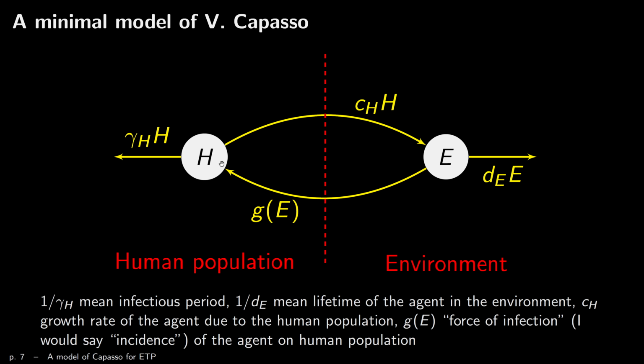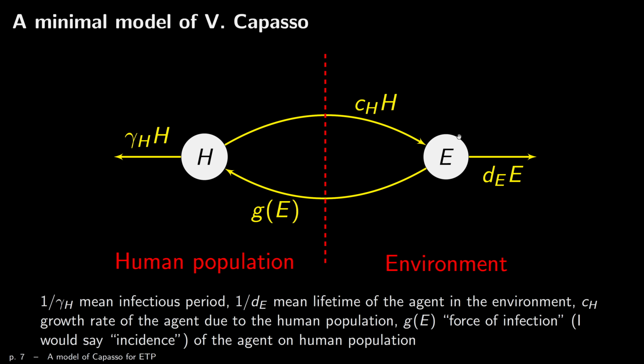We suppose there's a total number of N, capital N, humans, and H is how many of these humans are actually carrying the infectious agent, the bacterium or the parasite or whatever you're interested in. Then E is the load of pathogens in the environment. So E is environment, H is the human population.